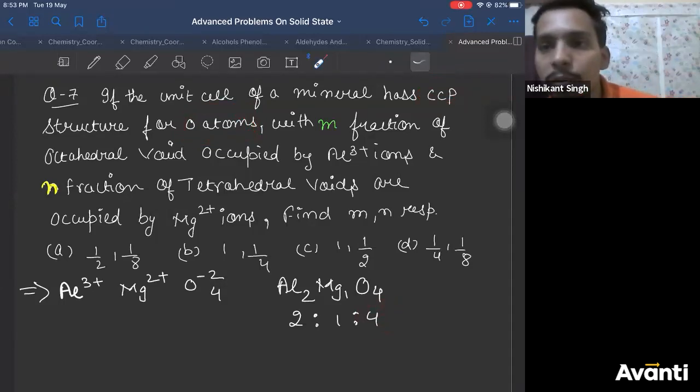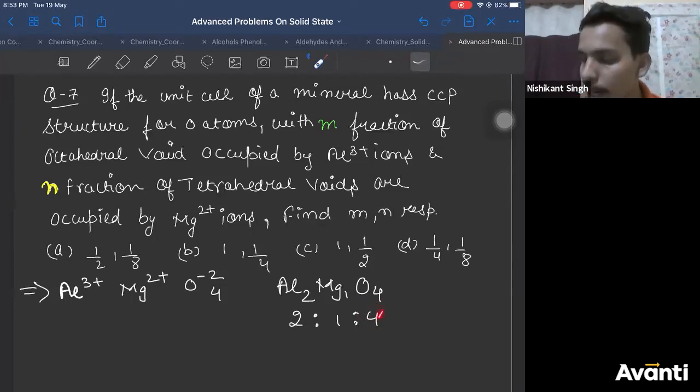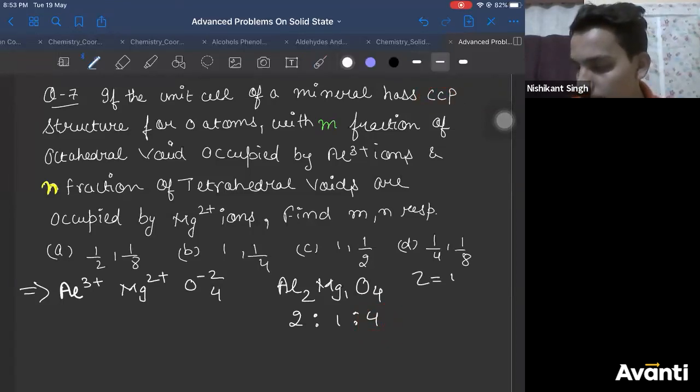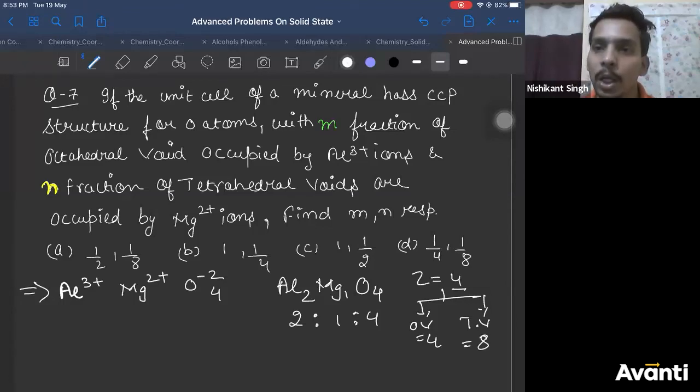It is correct. So oxygen, no problem. 4 atoms only, because in CCP the Z value is 4. Now, if Z value is 4, we have done this: octahedral voids are equal to the number of atoms n, that is 4. Tetrahedral voids are 2n, that is 8. Right?